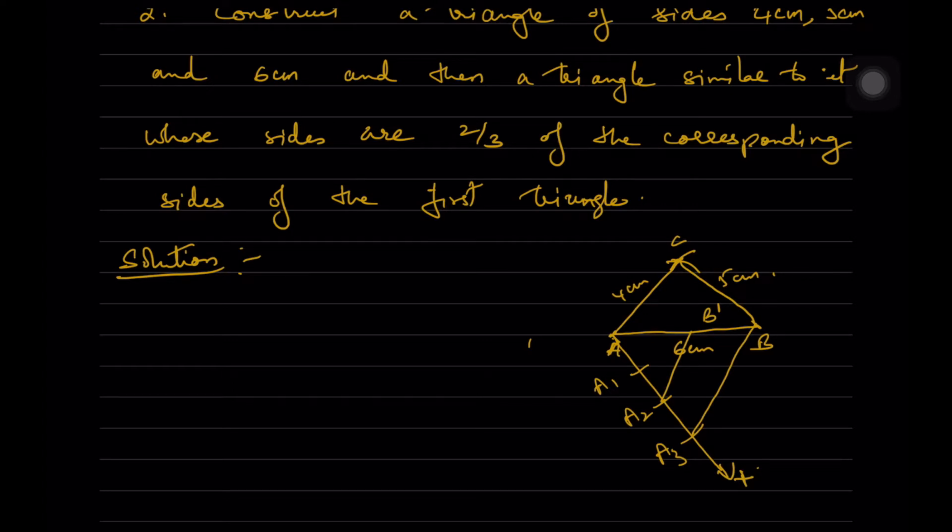It should be exactly parallel to BC, so we take the scale from BC and bring it this way so that it is parallel, and this point becomes C dash. Now AB dash C dash is the required triangle. These two angles should also be equal; since the lines are parallel, the angles will be equal. You can do that using the set square.